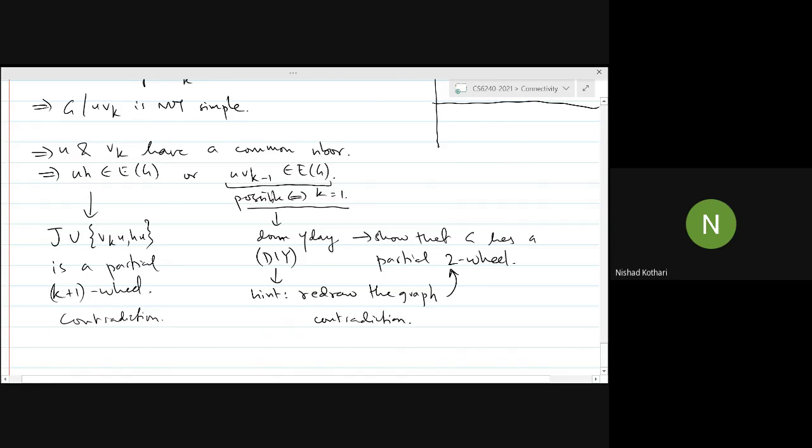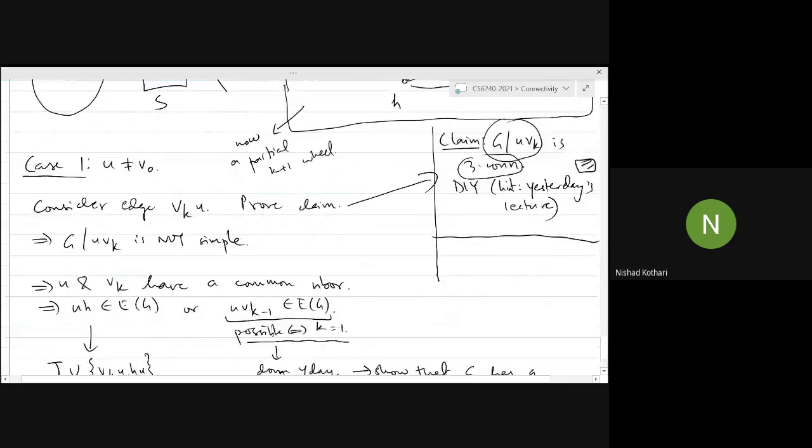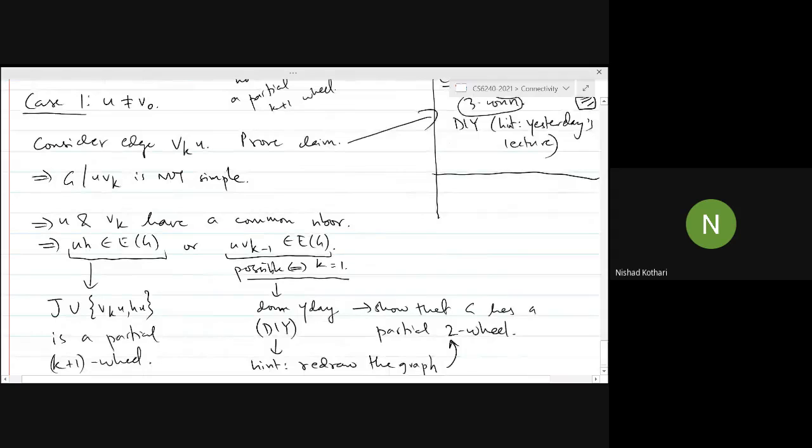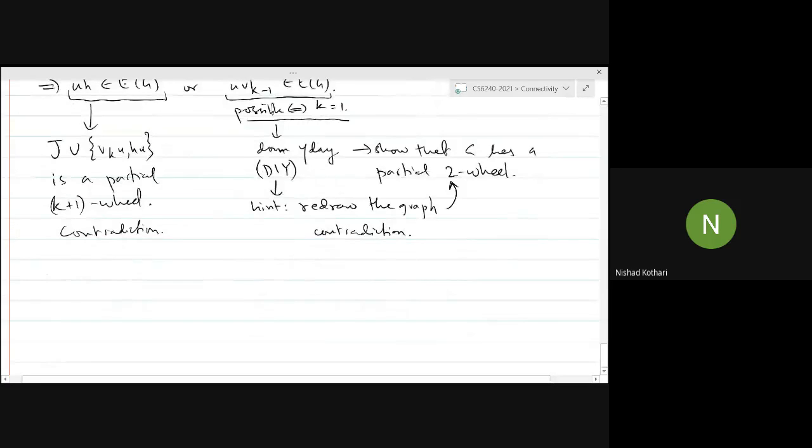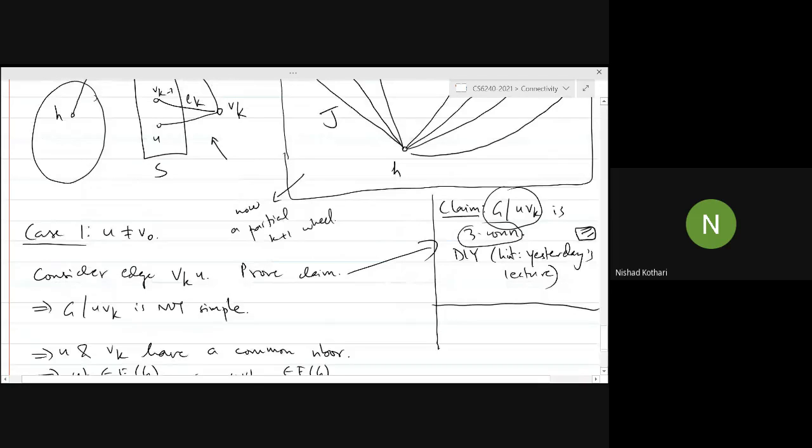So in both possibilities, you got a contradiction, right? And so case 1 culminates in a contradiction. So now let's go to case 2, and this is where we will find the wheel, right? So now u is equal to v0.